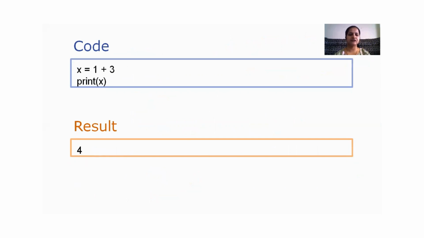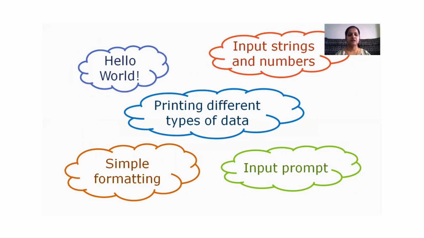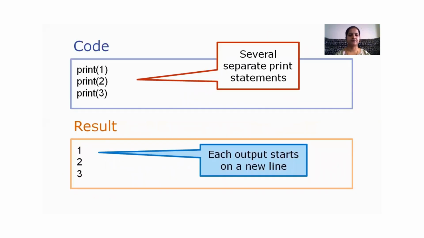Then integer, that is we are doing calculation x equals to 1 plus 3 and that we are printing. Then we are printing the real type, that is we call it as a floating type of data. So we are doing operation here 0.5 into 3.0 and that we are going to print, which comes to 1.5 as a result.